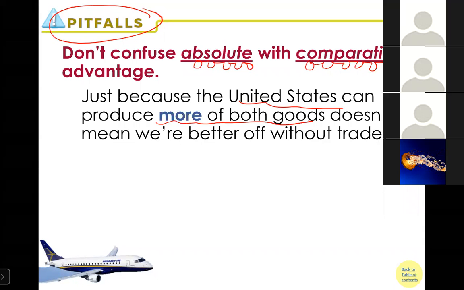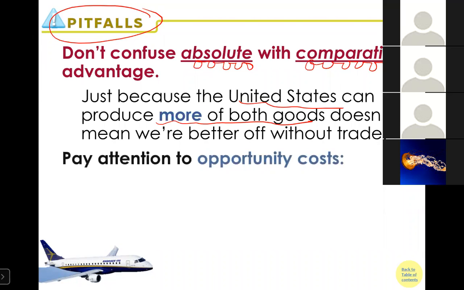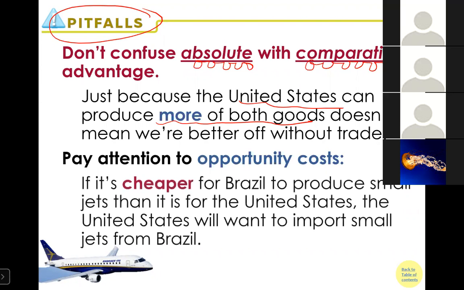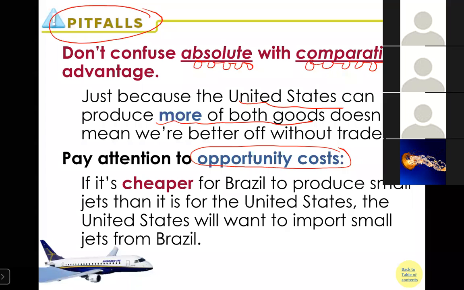So that's very important. This is also the secret of comparative advantage. So we want to pay attention to opportunity cost, meaning whoever has the cheaper cost in producing something.